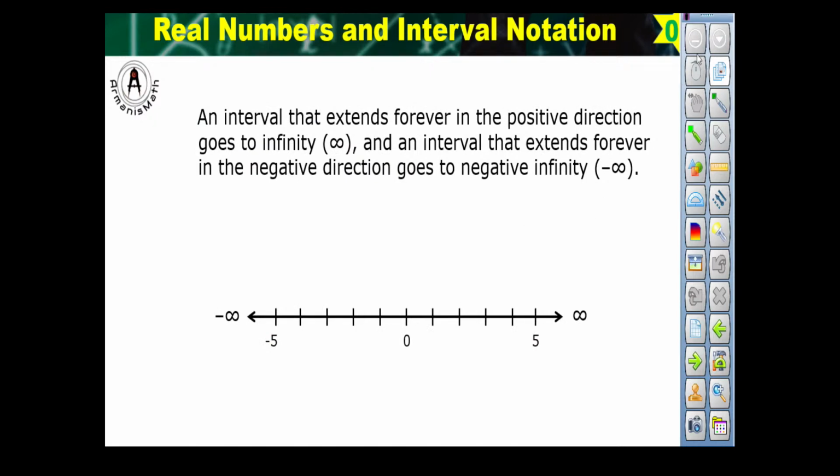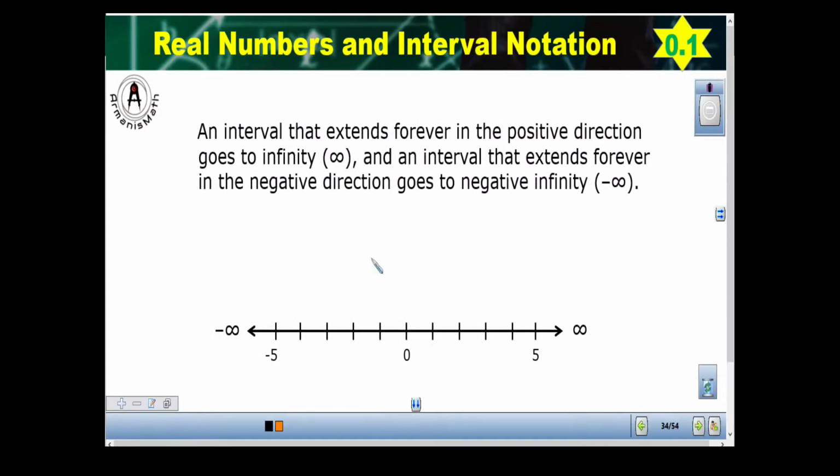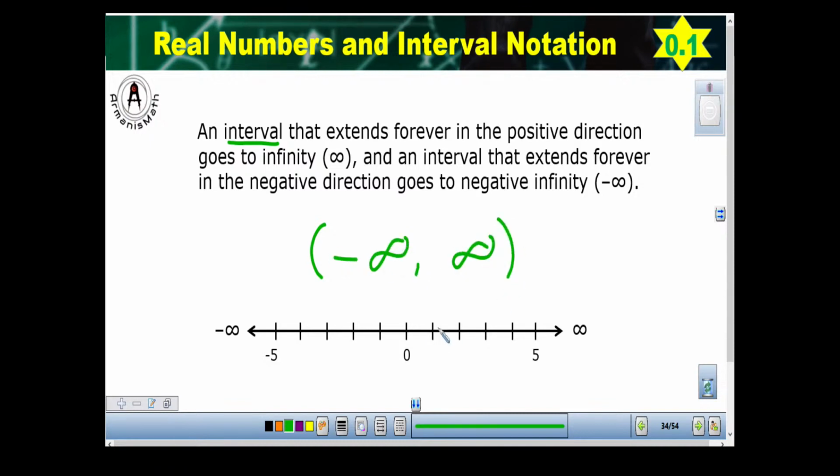Another quick hint here on this cute slide is the idea of the infinity. Infinity and beyond, Buzz Lightyear. What's the idea of infinity? Well, if you want to use the interval notation for infinity, you've got to use parentheses. Why? Well, because you cannot contain infinity.